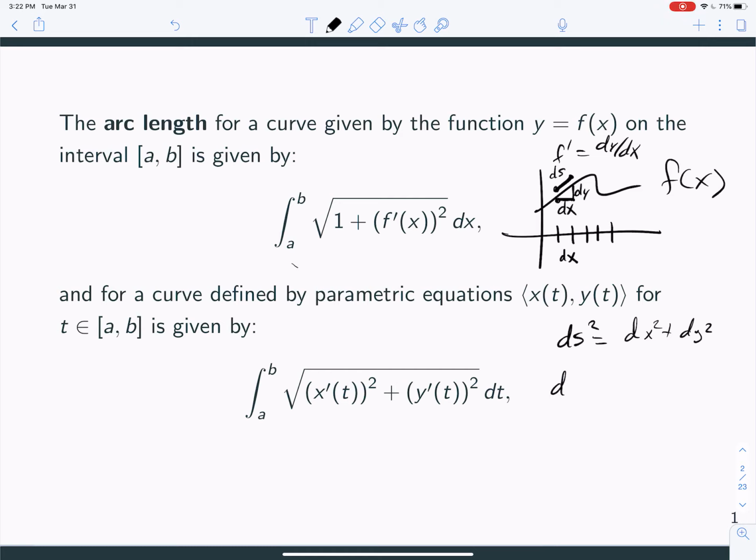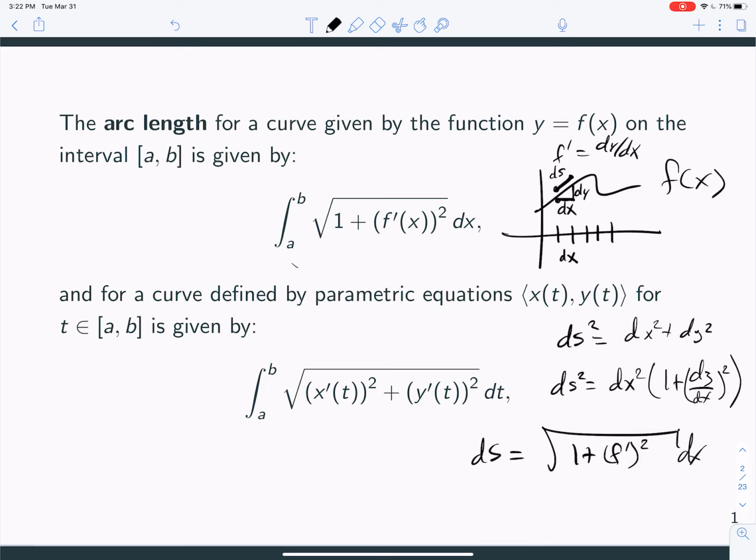And therefore, ds squared should equal dx squared times 1 plus dy over dx squared. If we just factor out a dx squared there, and then square root, we find that ds is equal to the square root of 1 plus dy dx squared. Well, that's f prime squared, and then dx on the outside.